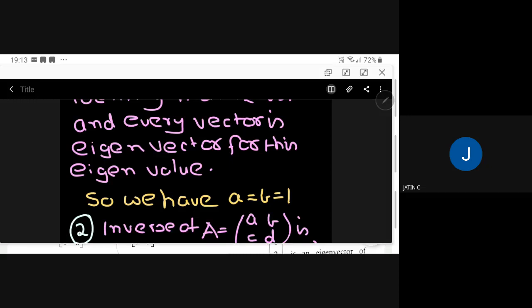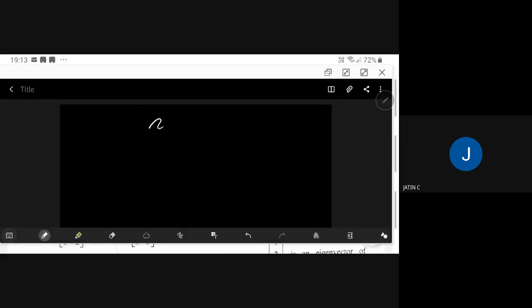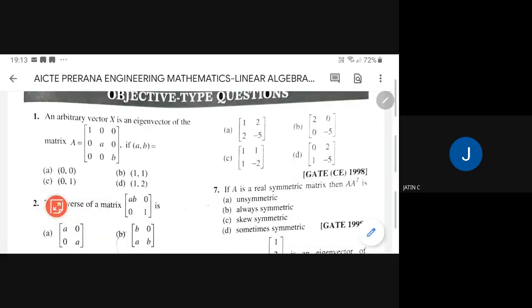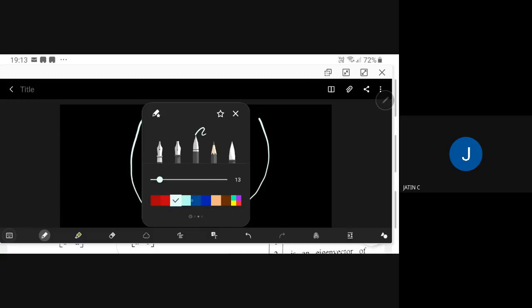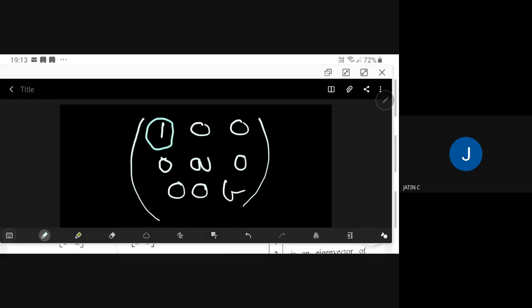So when you look at this matrix, 1 0 0, 0 A 0, 0 0 B, here 1 is there, and the condition in that problem is that every vector should become an eigenvector.